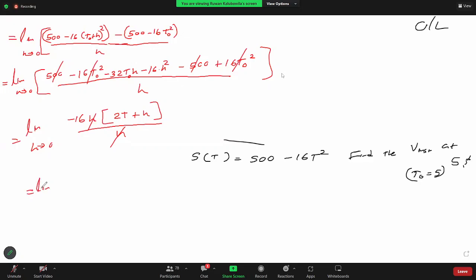Then you need to find the limit, because you can use substitution. Then this will become 16 times 2t, 32t. They asked to find it at 5, so 32 times 5 is the answer.